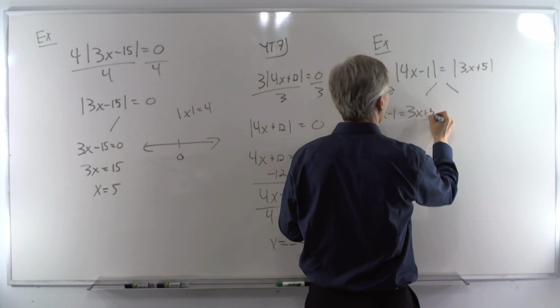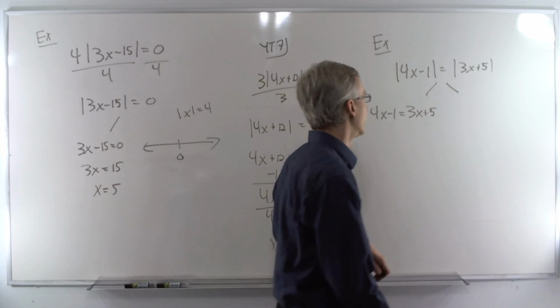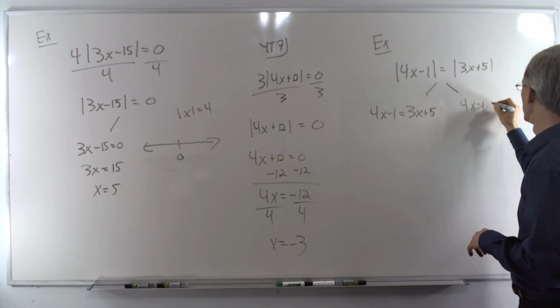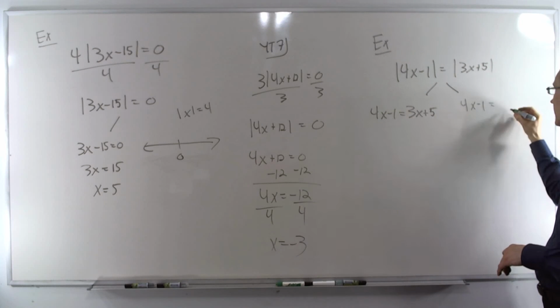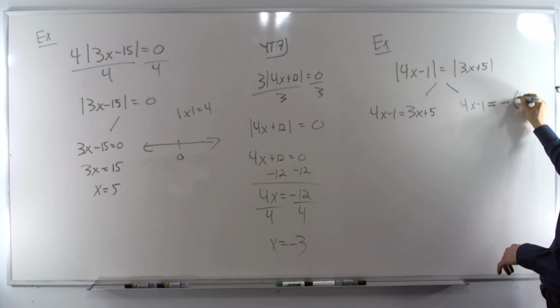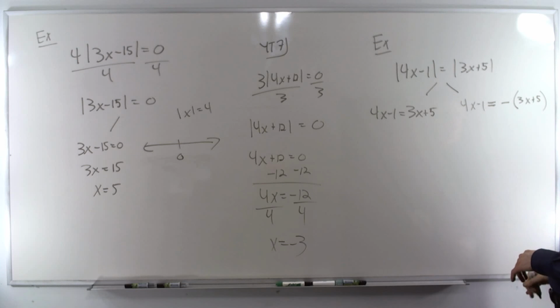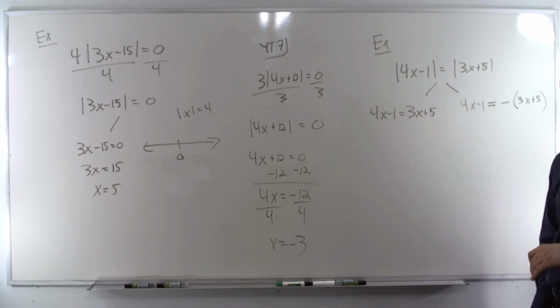So 4x minus 1 equals 3x plus 5. So there's one equation we need to solve. And the other equation then we're going to do 4x minus 1 equals, now we want the opposite of the entire right-hand side. So that means we have to put a negative and then put the right-hand side in parentheses, just like that. Now we've got the opposite of the whole thing. Make sure you put in parentheses because we need to distribute that negative into here.